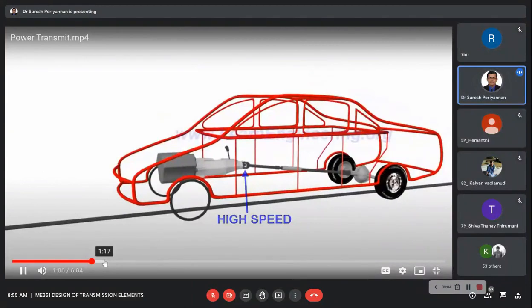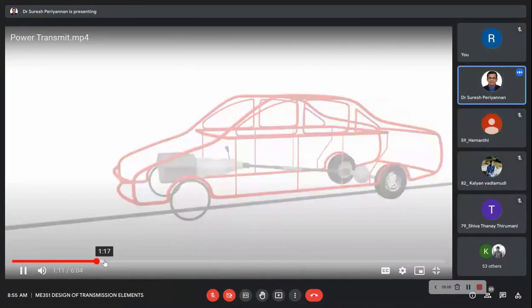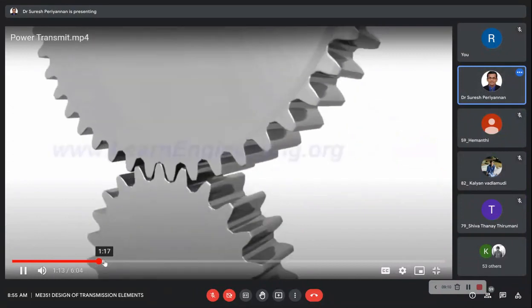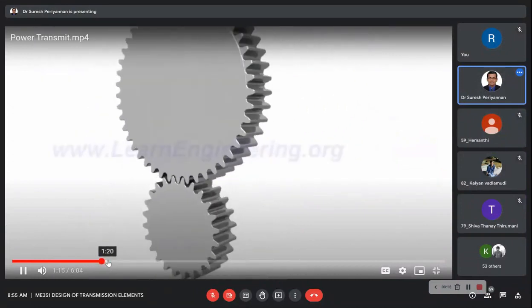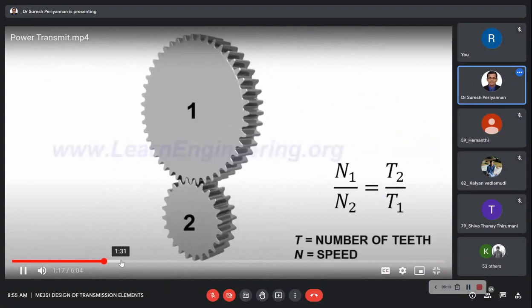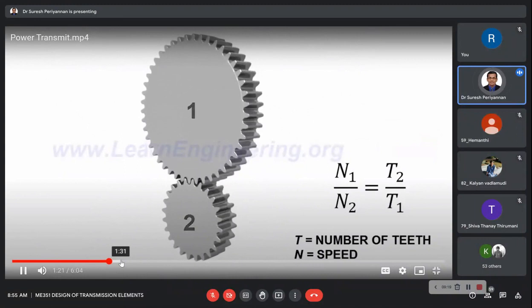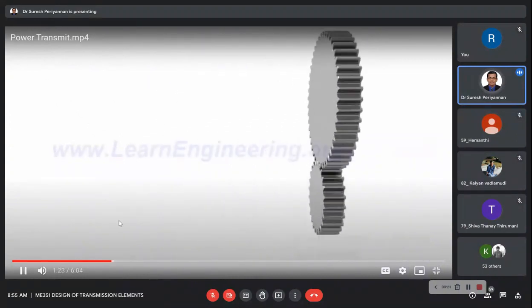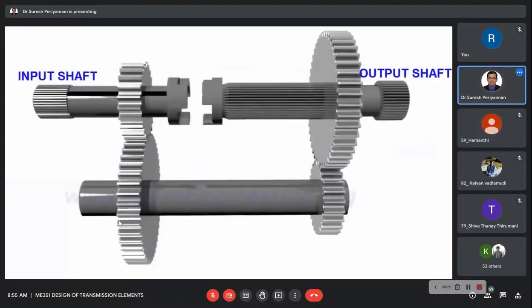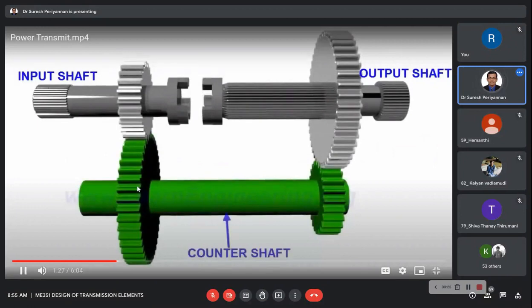Now, let's look at its inner workings. Manual transmissions work on the simple principle of gear ratio. Anyway, this is the overall view for our subject. This video will give you an idea about shafts and gears. Here, the input and output shafts are connected through a counter shaft.